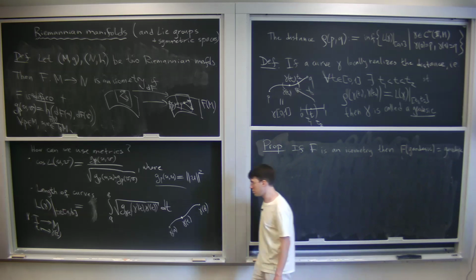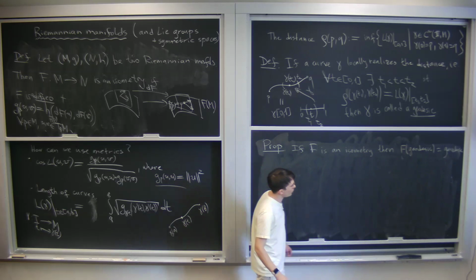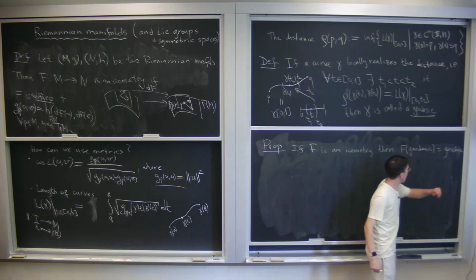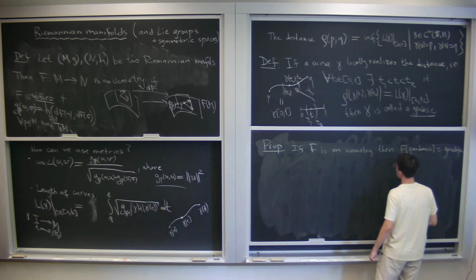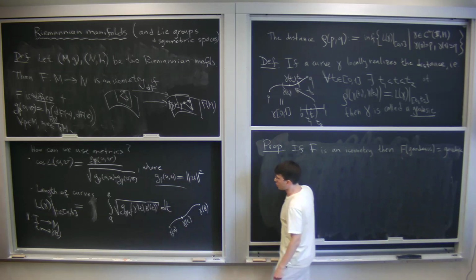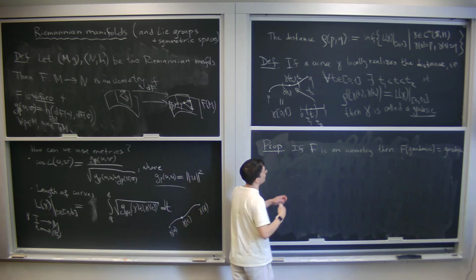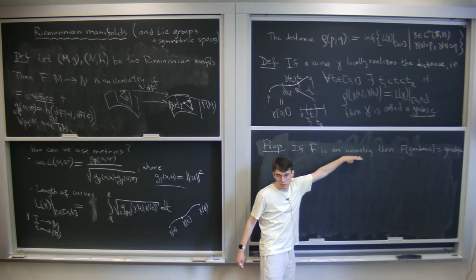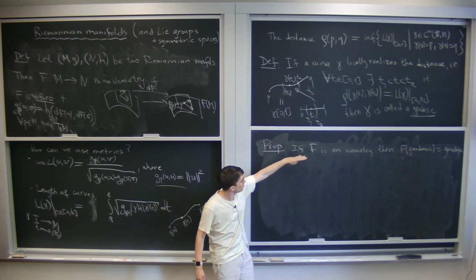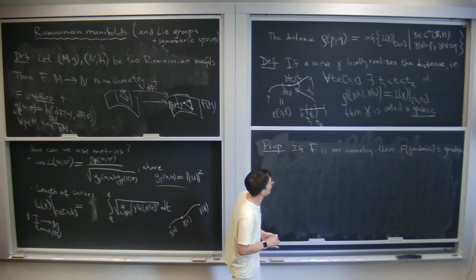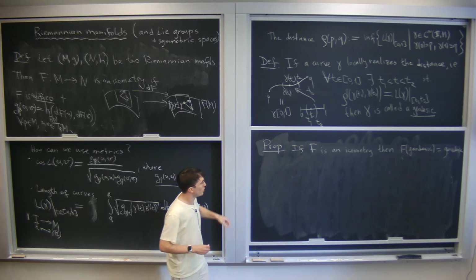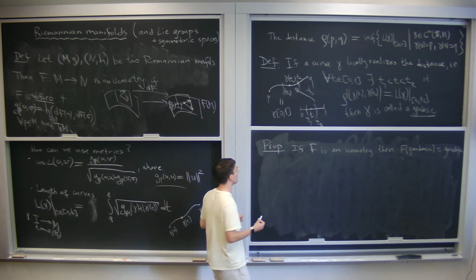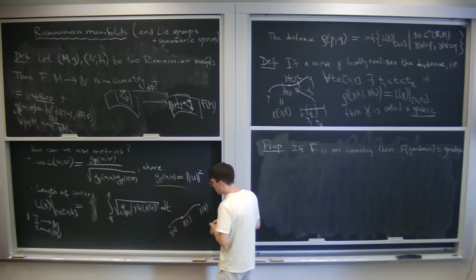This can be checked directly, it is really straightforward because of the definition of an isometry. It preserves the metric, and actually Riemannian isometries are very nice.